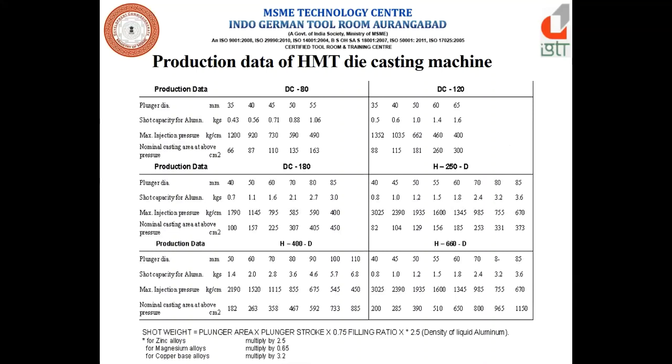This is the production data of HMT die casting machines. Plunger dia, shot capacity, and maximum injection pressure for different die casting machines are shown.